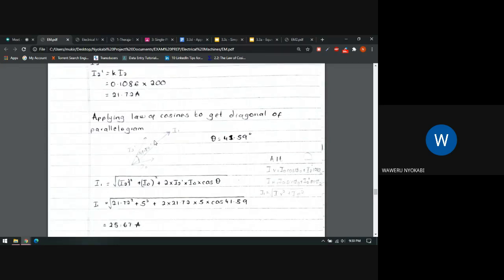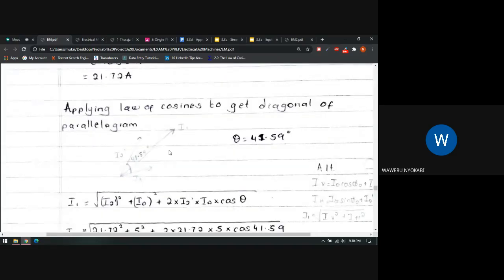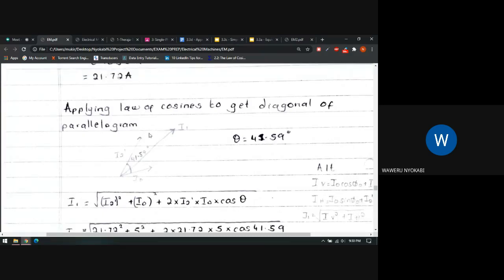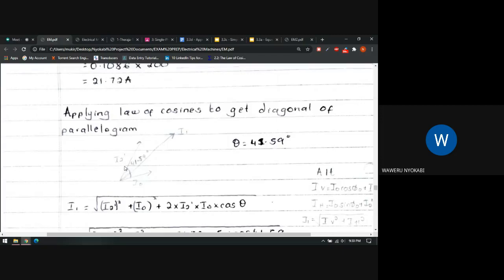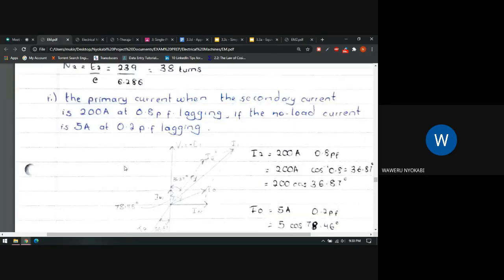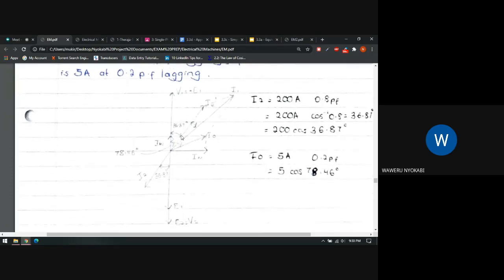So now if you look at that cross section of the phasor diagram, you have now, we said this, you remember I2 prime. Yeah, so you remember we got this angle here.